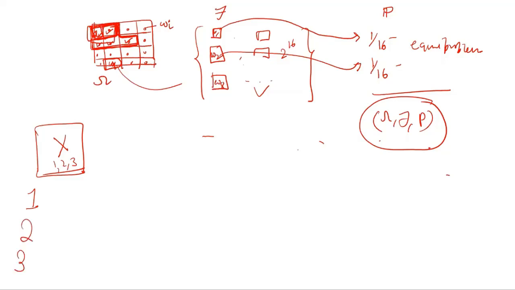Again, you can do the experiment multiple times. That is the actual physical meaning of this: you look at this machine and see, suppose you do 100 times, how many times it has displayed 1. If it is 20 times, it means the probability is 20 by 100, right? So that is the interpretation of it.